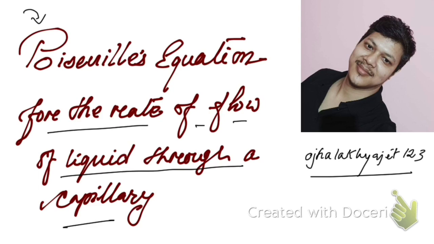So now let's start. Suppose this is a capillary tube. I have considered one portion of that, and now let me consider a cylindrical layer.